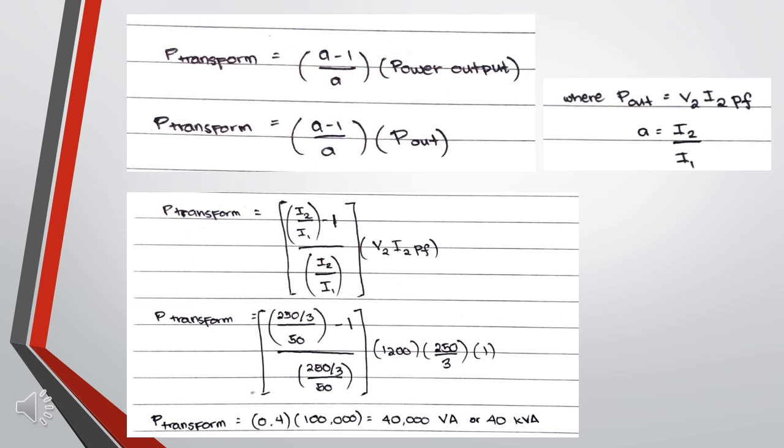So, kailangan mo lang i-substitute yung mga values na nakuha natin from the previous slide, which is yung 50 ampere, the 250 over 3. 250 over 3 ang ginamit ko kasi mas exact siya kaysa doon sa approximate value, which is 83.33. Doon rin naman sa mga given values, ipa-plug mo na lang siya doon sa formula, which gives you a result of 40,000 VA or equivalent sa 40 kVA. So, yun.